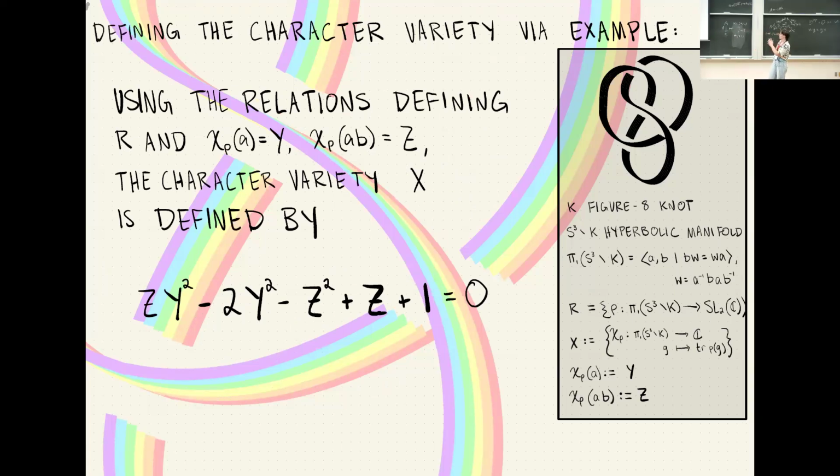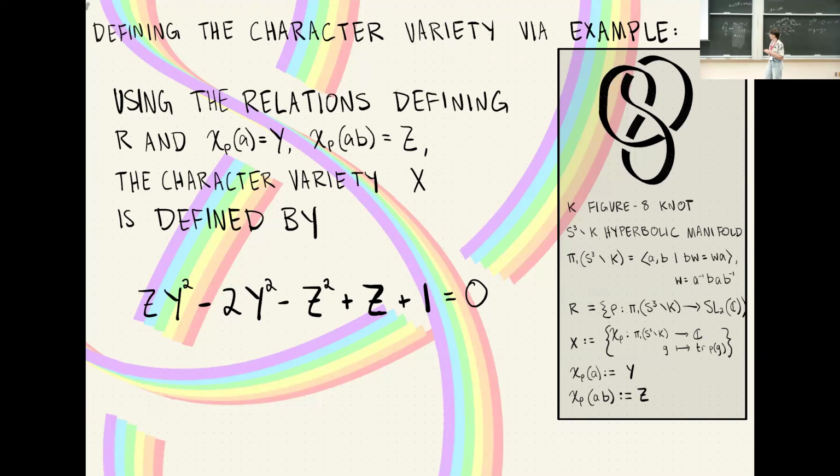If I use all the relations that defined the set of representations, the representation variety, as well as the relations that would define chi rho of A and chi rho of AB, I can use all of those polynomials to construct a variety that matches up with my set of characters.